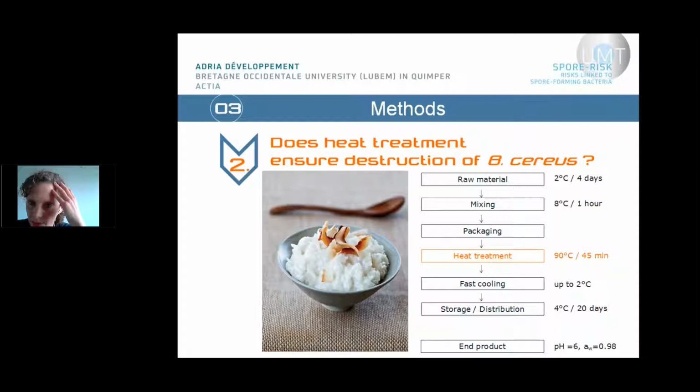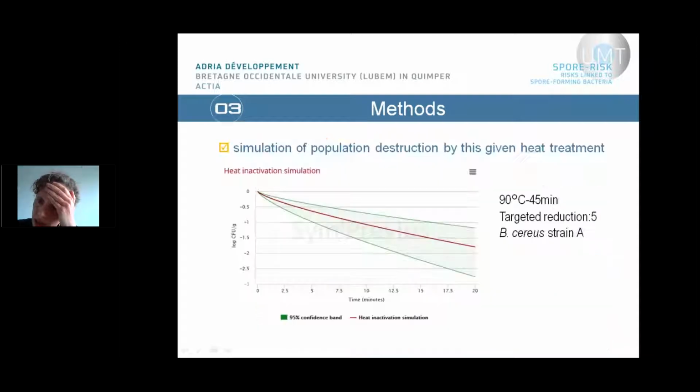So the second step is then to check the heat treatment. Will this heat treatment, 90 degrees during 45 minutes, ensure the destruction of the strain? You have here the simulation of this population destruction.